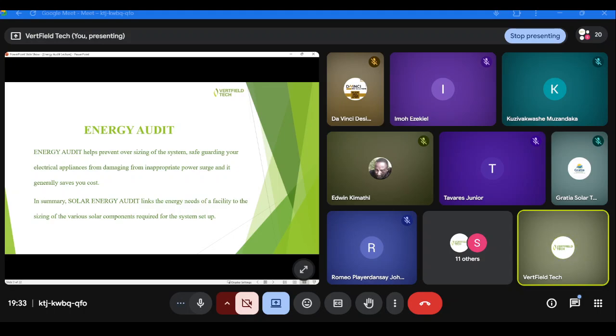Now, at this point, we are going to be talking about item 3 and item 1. How does energy audit help you prevent oversizing of your system, and how does it save you cost? We will be discussing it more, and connecting them together so as to have a better understanding.